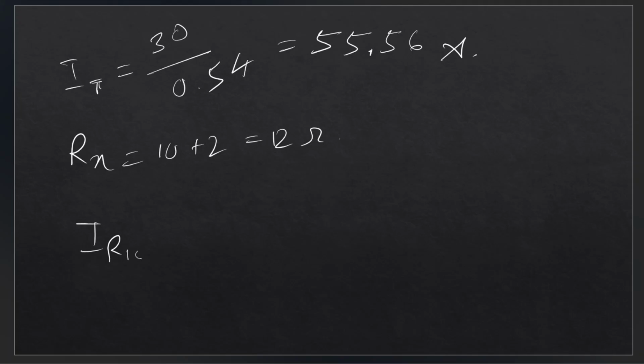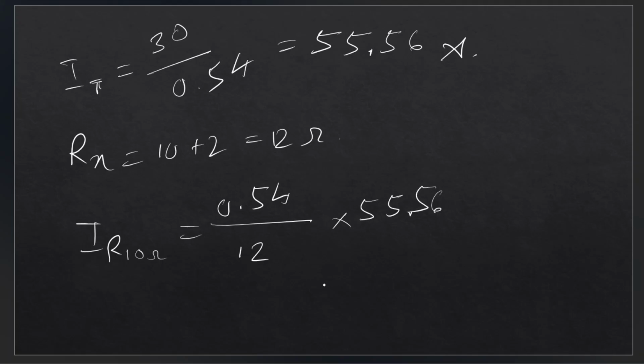Let's say IR10 is equal to, again, total resistance RT, which was 0.54, over Rx, which is 12 ohms here, times IT, which is 55.56.